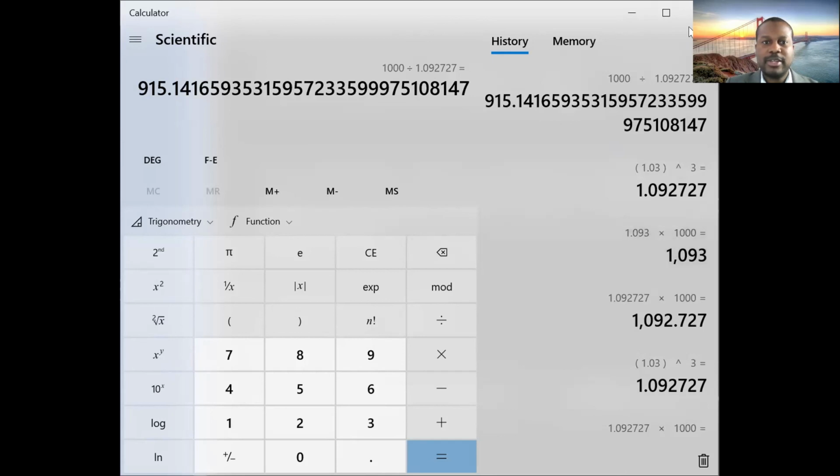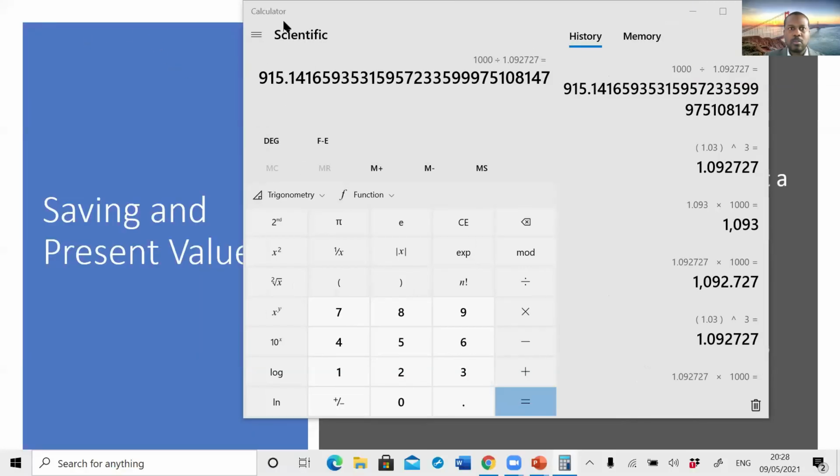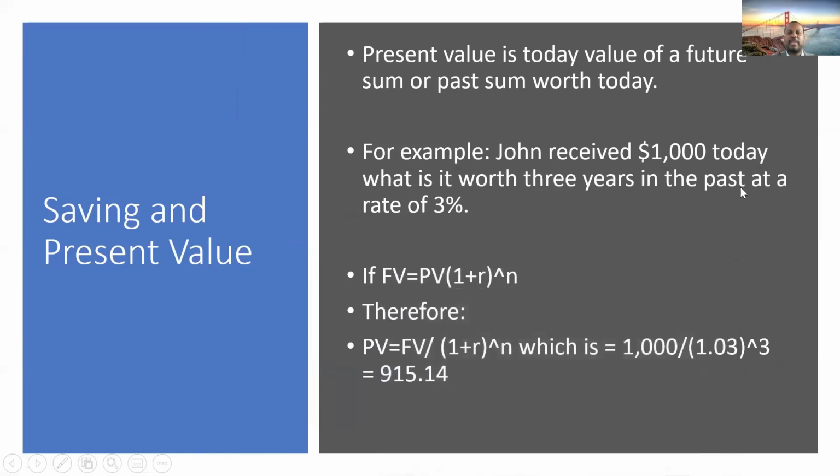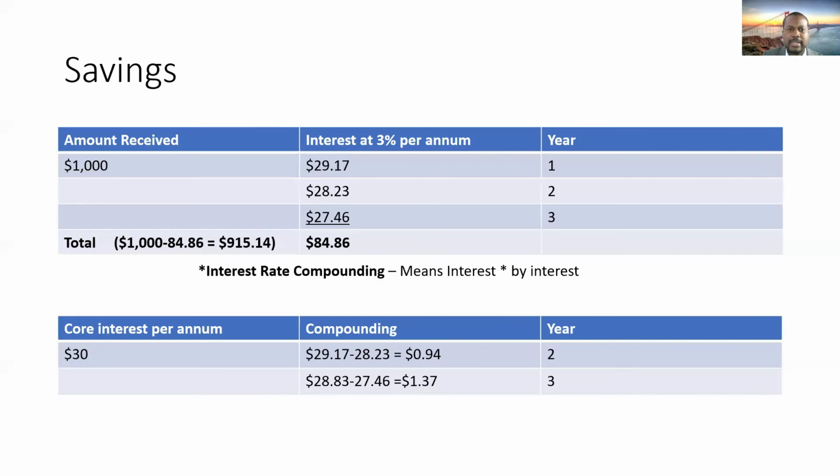Let's do the new share screen. And so therefore, in light of that, we can see here that that gives us the 915.14. Okay, so that's it. So again, we can actually look at the math of that. So we have 29.17.